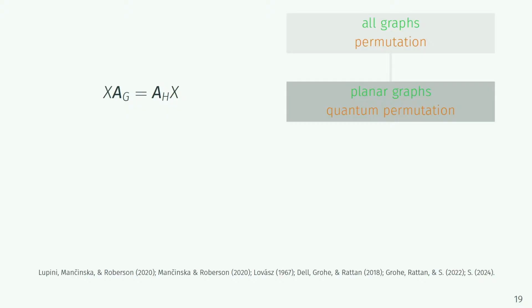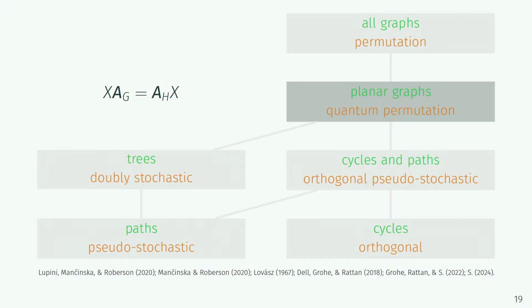So this is just graph isomorphism. Similarly, there are other graph classes and other types of matrices for which you can prove similar characterizations. There are all these natural graph classes and natural types of matrices that you plug in here to get analogous characterizations.